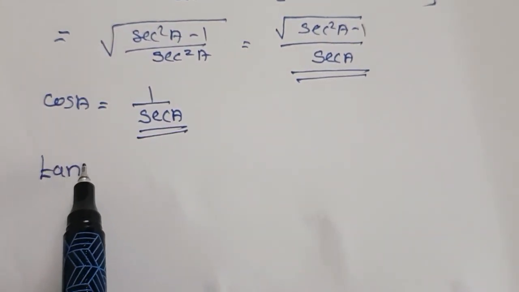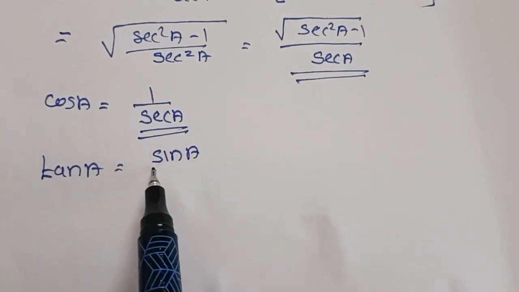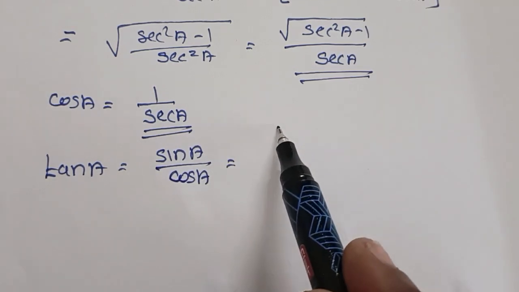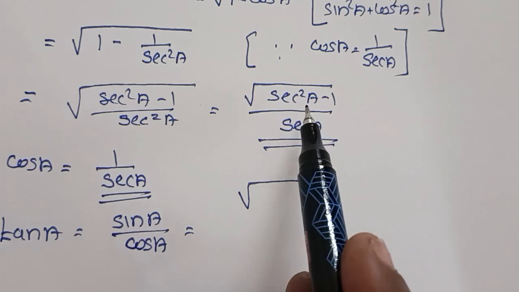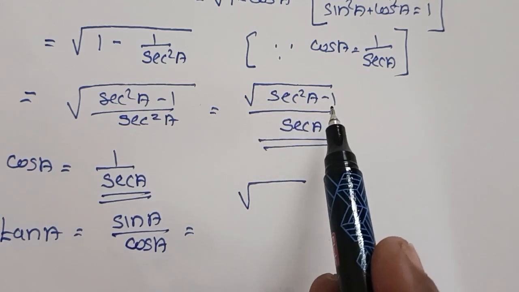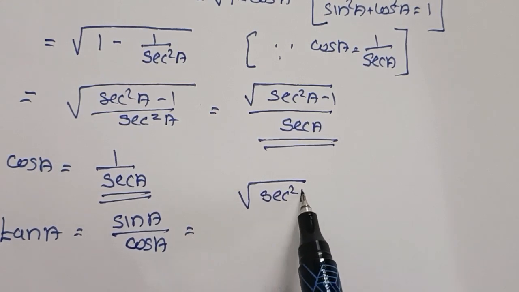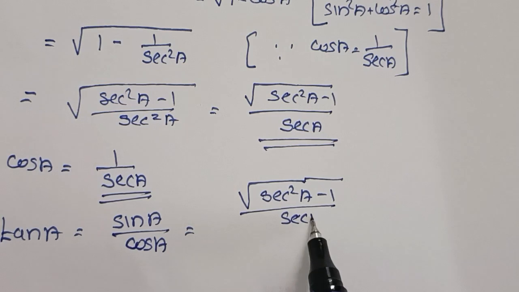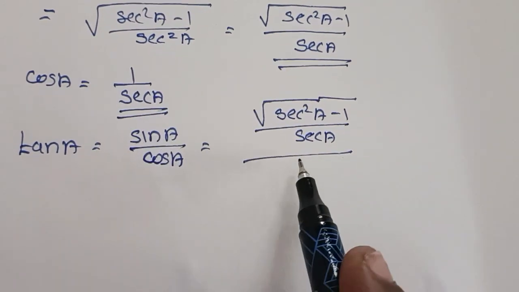Tan A equal to sin A divided by cos A. Sin A equal to square root of sec square A minus 1 by sec A. So here it is root of sec square A minus 1 by sec A. And cos A equal to 1 by sec A, isn't it?